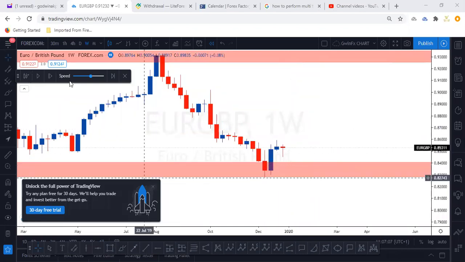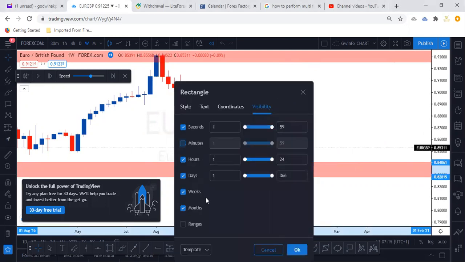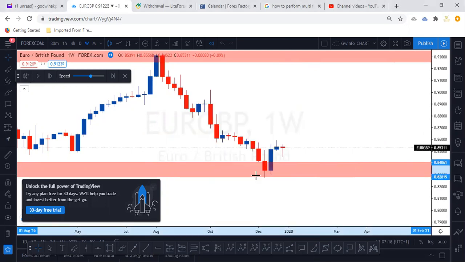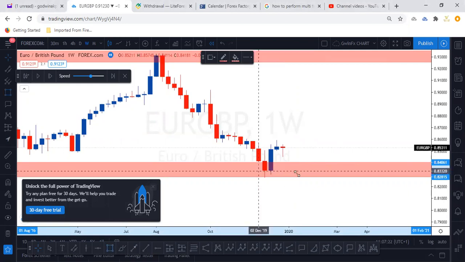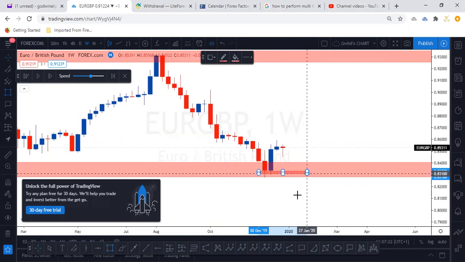I have a huge support here, so I'll go down to the daily. On the weekly, I have a support down here, right around here.